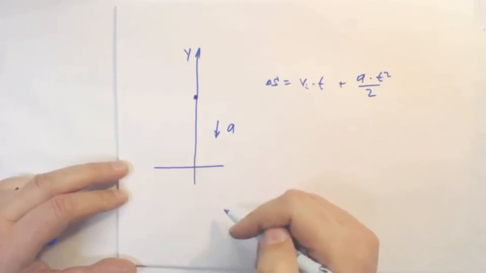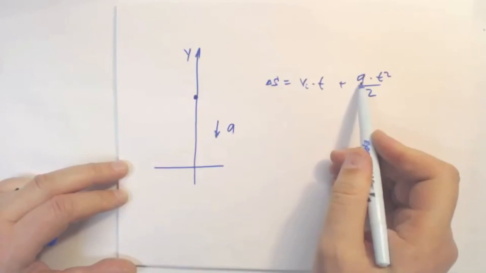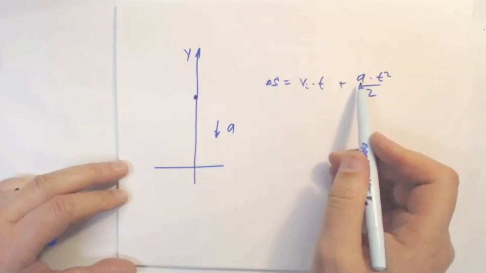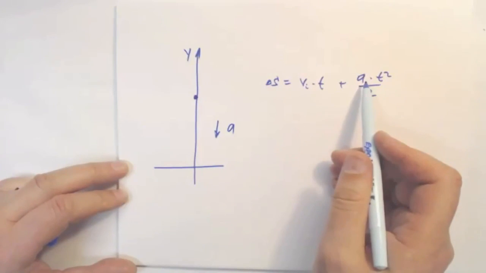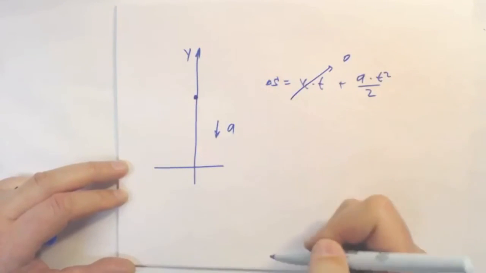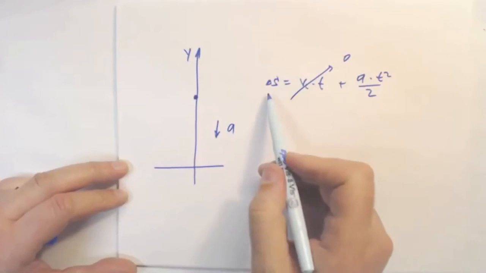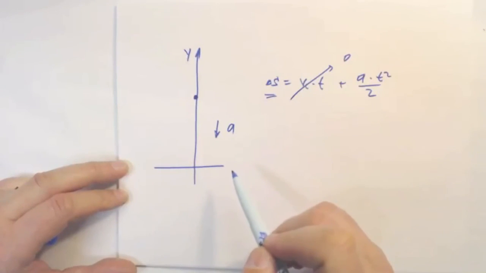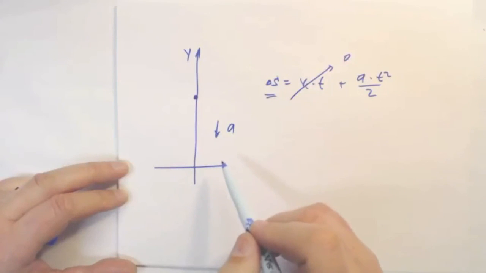We need to remember that when we're writing this variable a, it represents the component of the actual vector. Initial velocity is 0, that gives 0. So again, the question is, how do we calculate the displacement?